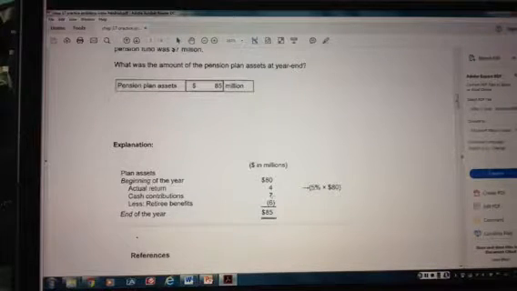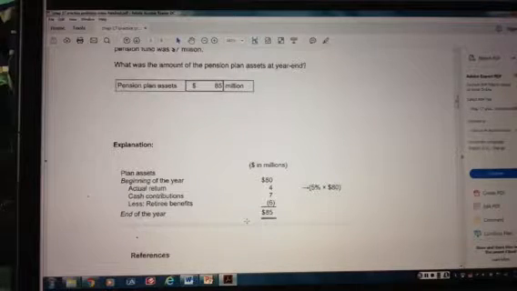Here, to get the return, you're taking the beginning plan assets and multiplying by the actual rate of return. Notice that the cash contributions and the return increase the plan assets, and the benefits that are paid by the plan will decrease the plan assets. So the answer is 85.